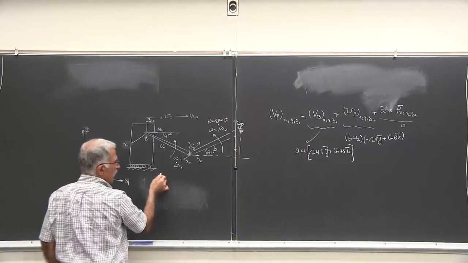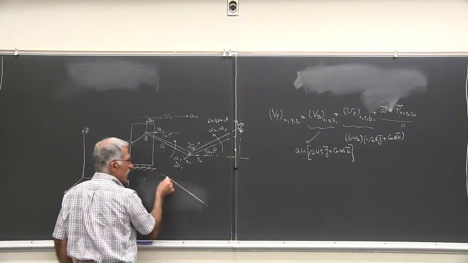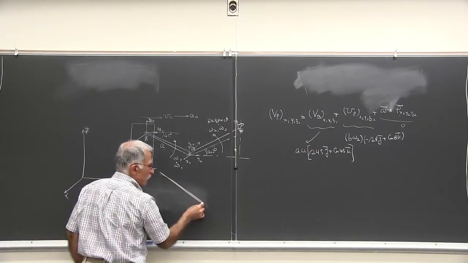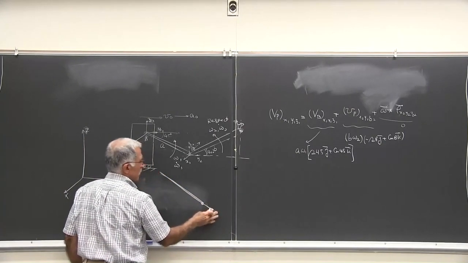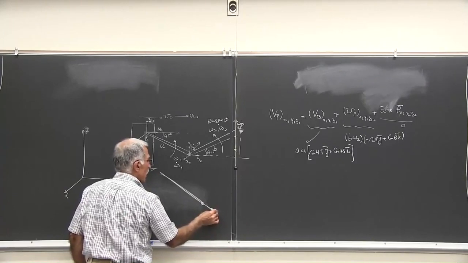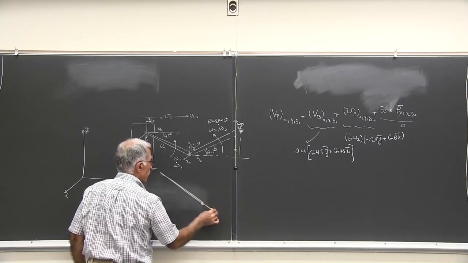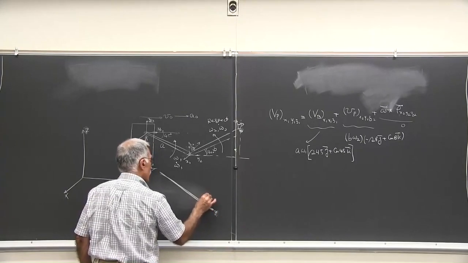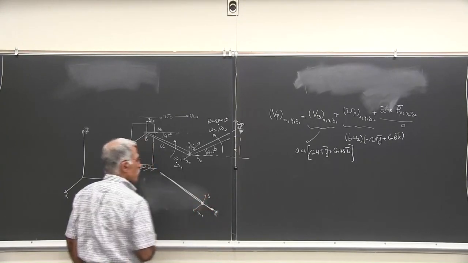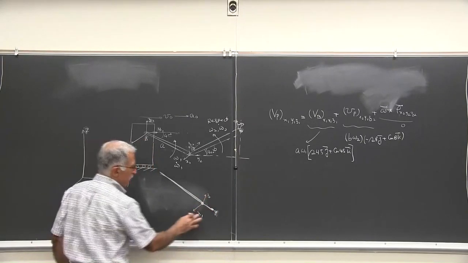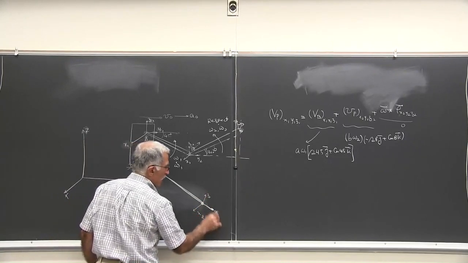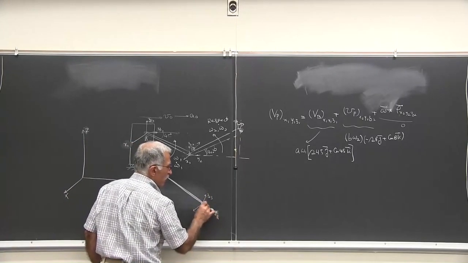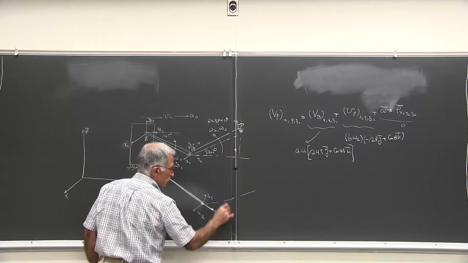So this time your auxiliary reference frame is attached to this arm. You can call it x1, y1, z1, or whatever. So my auxiliary reference frame is attached to the arm, and you are judging the direction of this one with respect to the arm.